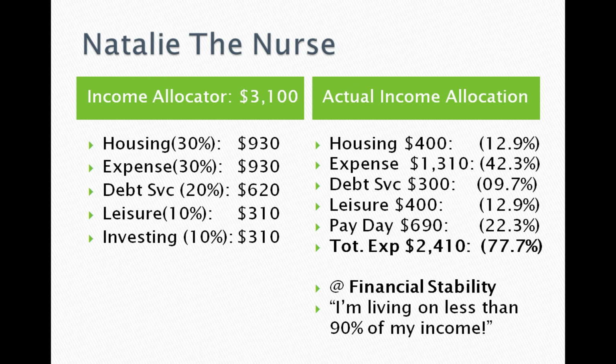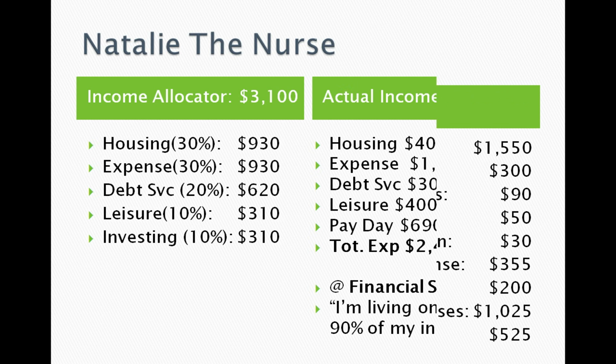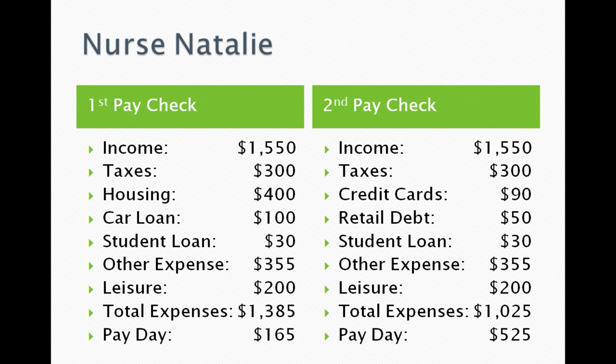But we're gonna assume that she's going through the process, and being that she's living off less than 90% of her income, she is at financial stability. So now what we're going to do is segment it into her two paychecks.